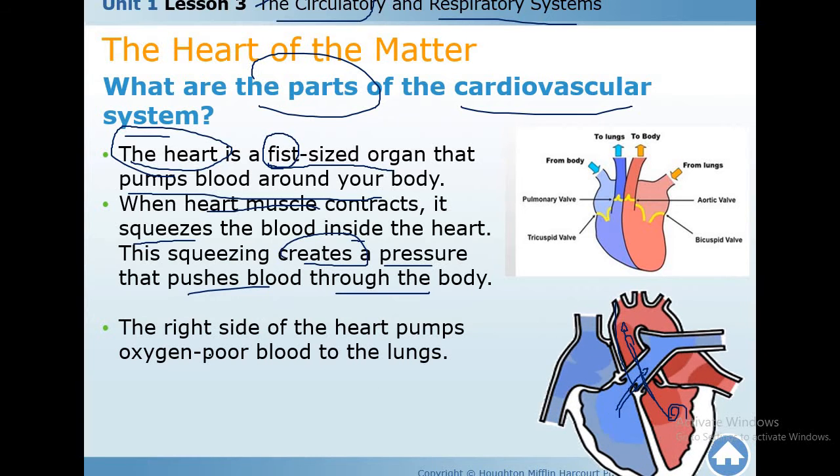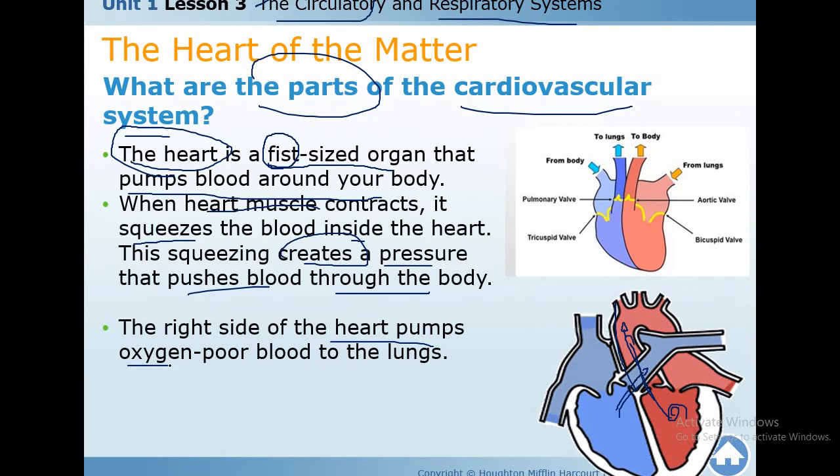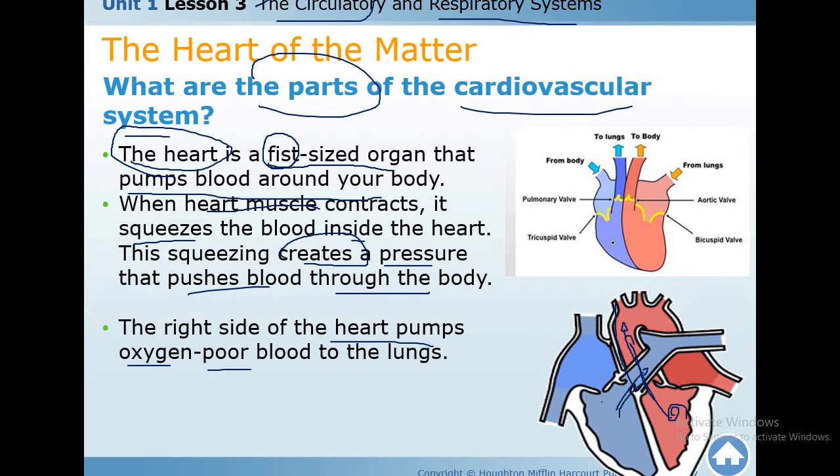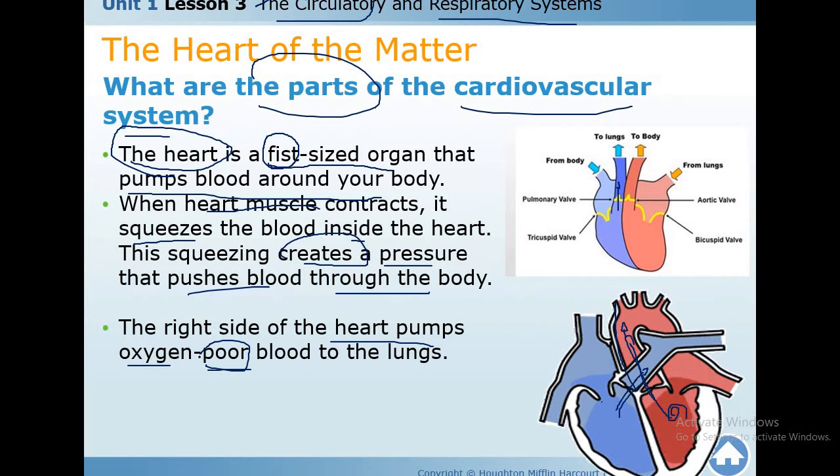The right side of the heart pumps oxygen-poor blood to the lung. The right side pushes, or pumps, the blood with poor oxygen. It means no oxygen, the blood that contains no oxygen.